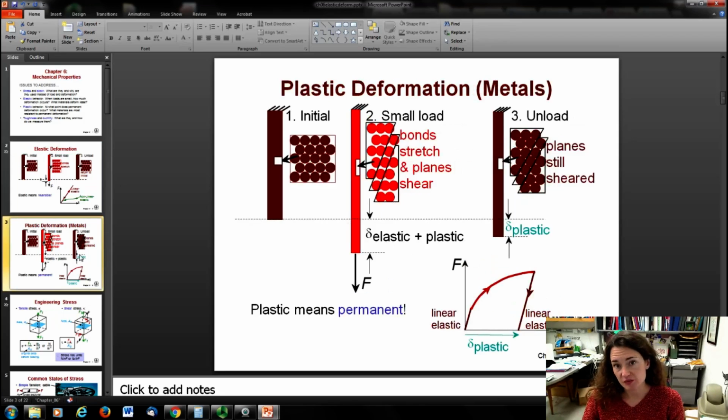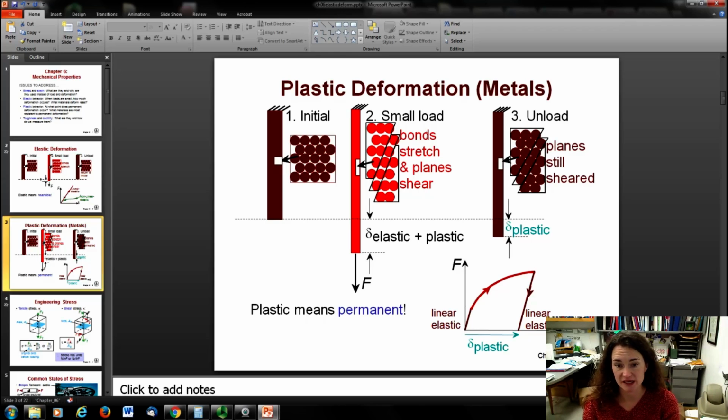Now this is as opposed to the other kind of deformation which occurs in metals and polymers, plastic deformation, where you apply a load. It's initially in some configuration, then you apply the load. It causes the bonds to stretch, but it also causes the movement or dislocation of atoms with respect to one another. And once those atoms have moved, once the shearing has occurred, then it doesn't go back.